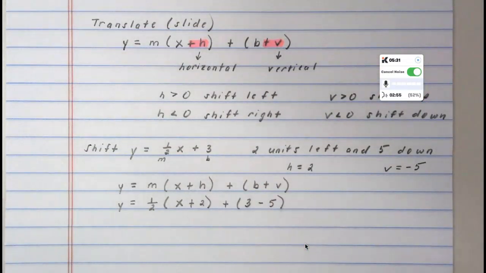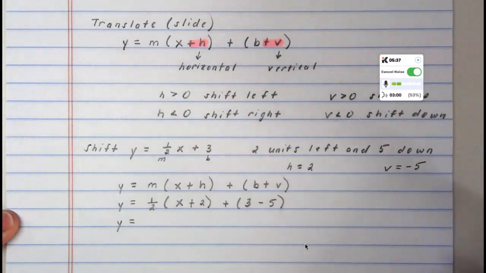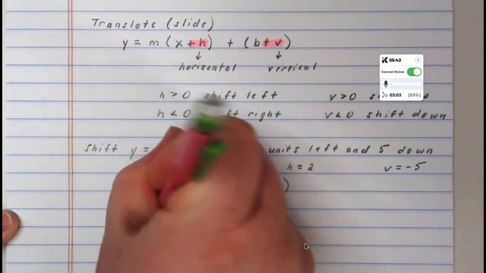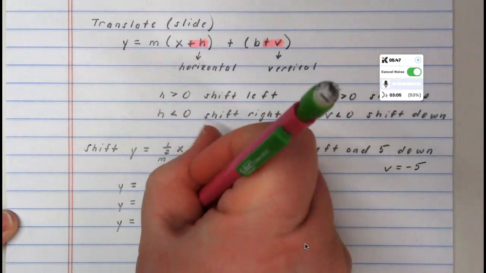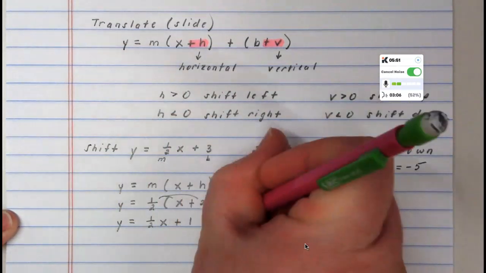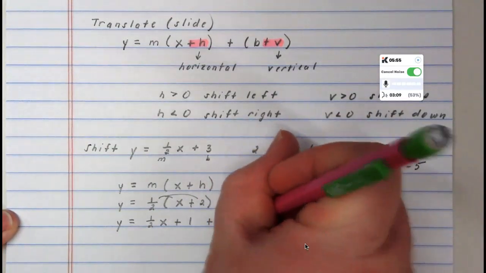So now we simplify and make sure that we keep y by itself. So y equals, we can distribute this 1/2. So 1/2 times x is 1/2 x. And 1/2 times 2 is 1. And then plus the parentheses, 3 minus 5 is negative 2.